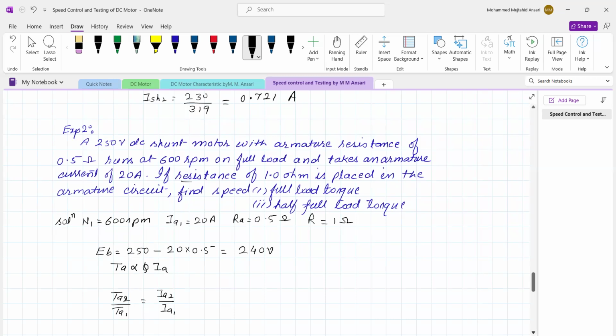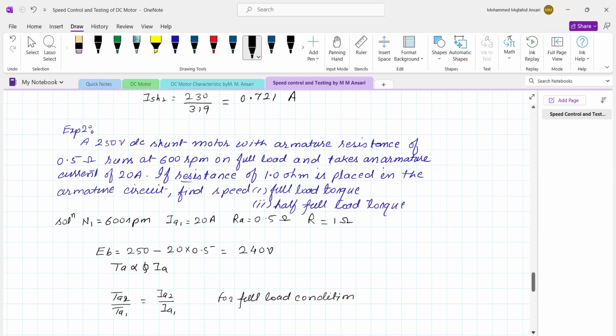Here, for full load condition, we are considering the torque is the same.